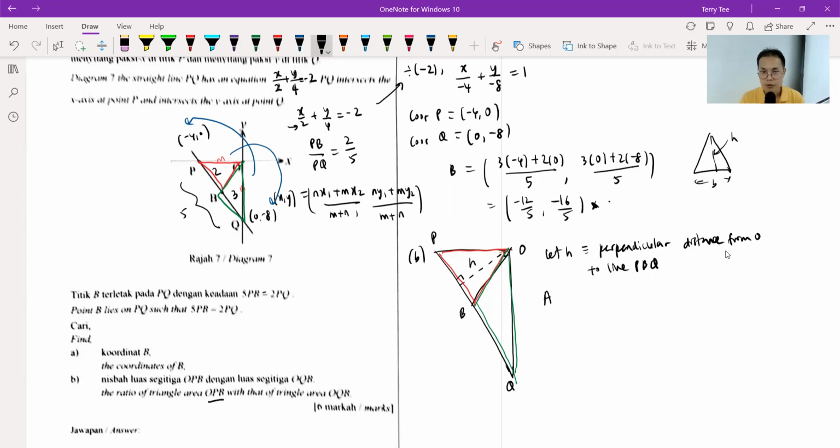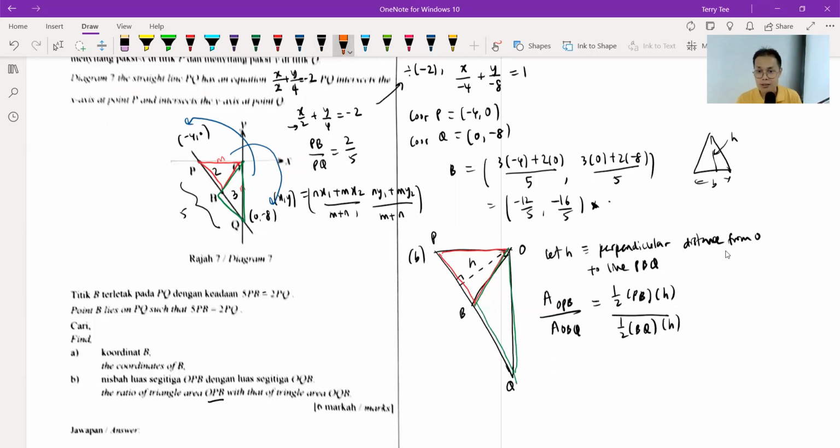If you want to find the area of triangle OPB divided by the area of triangle OBQ, we can calculate using half times base times height. For OPB, your base will be PB, your height will be H. As for OBQ, your base will be BQ, your height will be H.